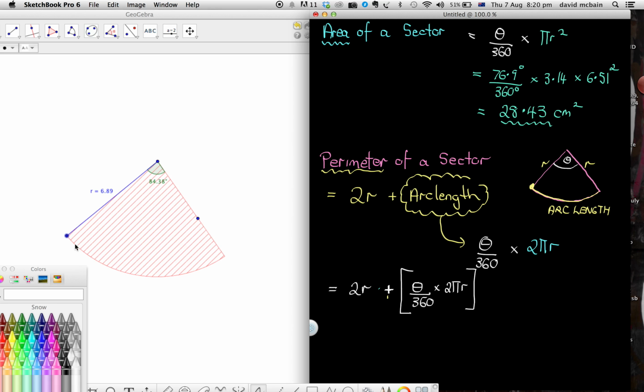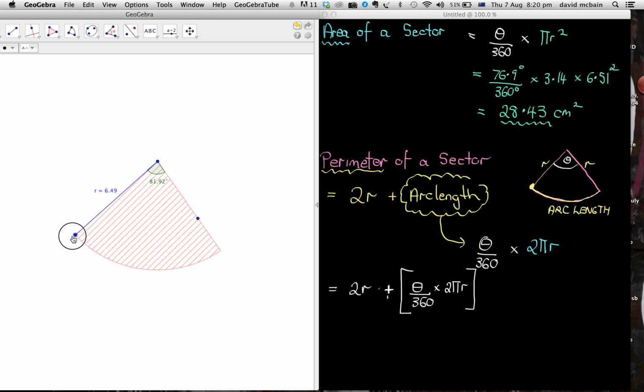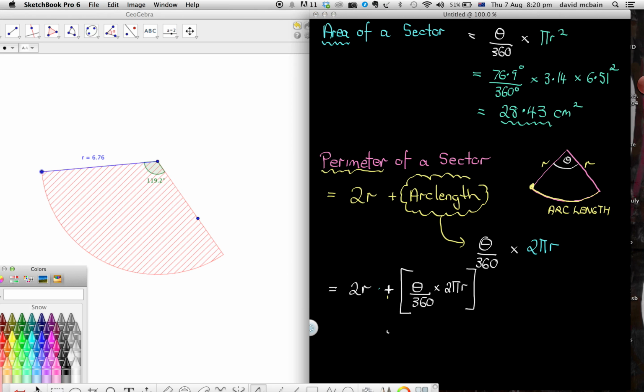So let's do an example. Let's go with that sector here. This time we want to work out the distance around the outside of our sector, in other words the perimeter.